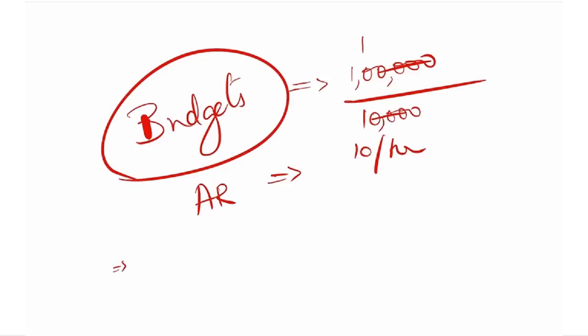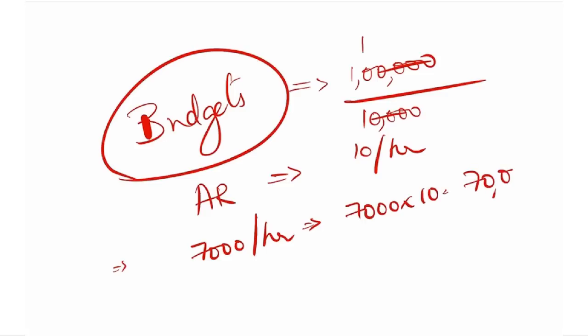Now you have worked this year for, let's say, 7,000 hours. Therefore, can I say what you would have charged to your product will be 7,000 into 10, 70,000 rupees. Is this the actual? The answer is no, because I have budgeted that it will be 10 per hour.